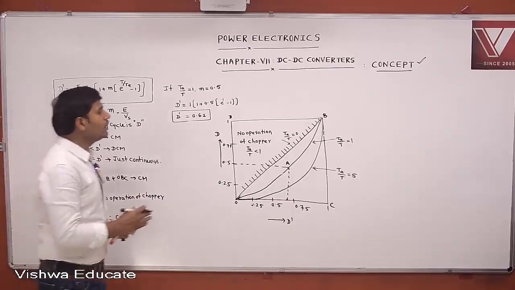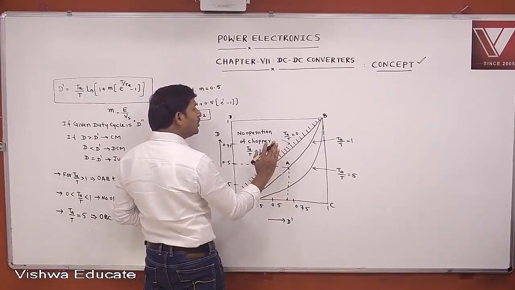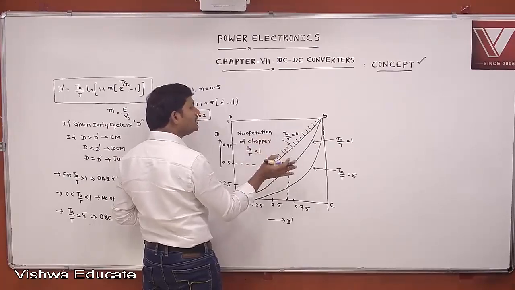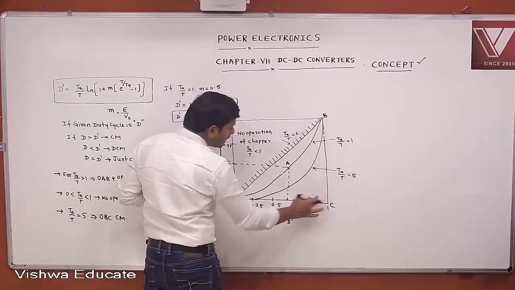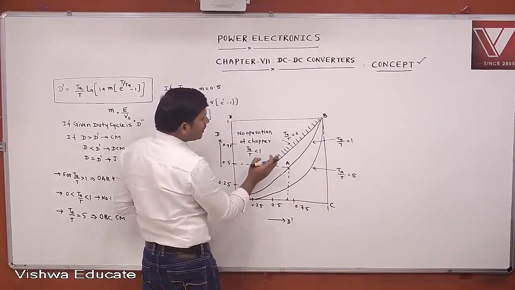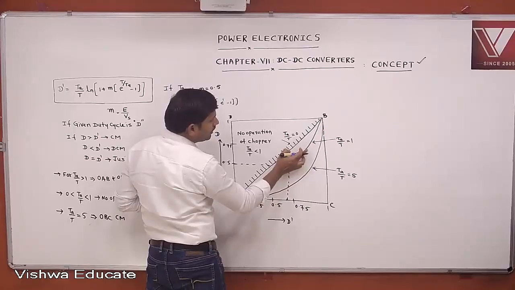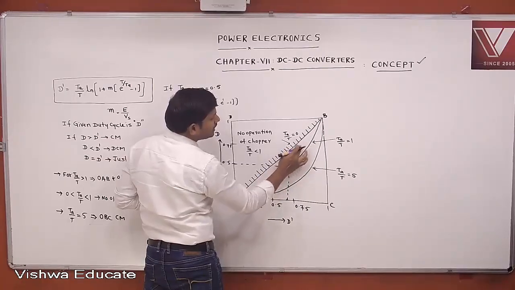Like this we can identify which is the continuous mode, which is the discontinuous mode, and which is no operation. OAB or OBC represents continuous mode. For TA by T equal to 1, in between these two, it is operated in discontinuous mode.